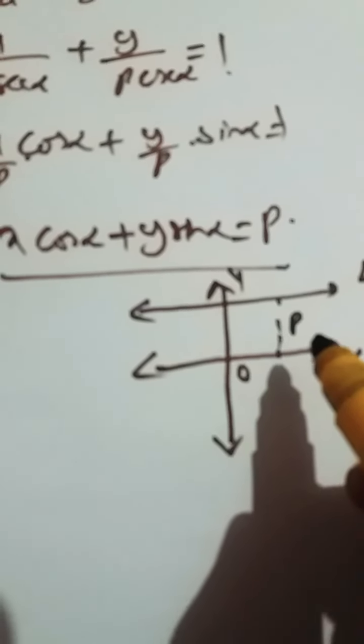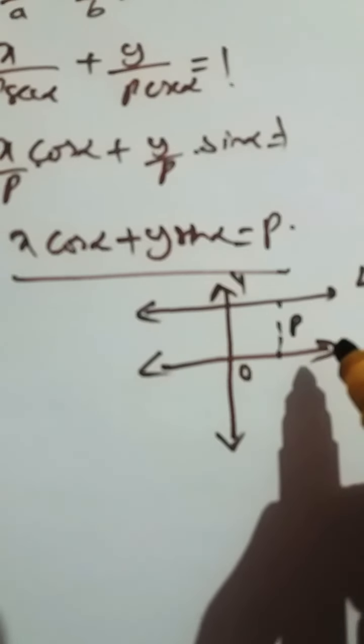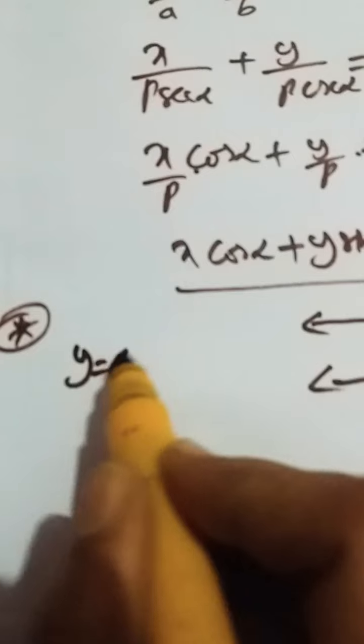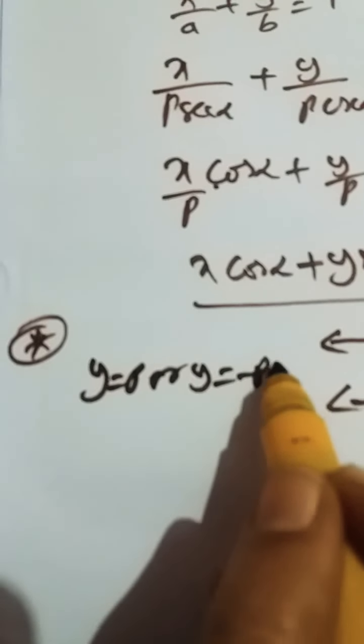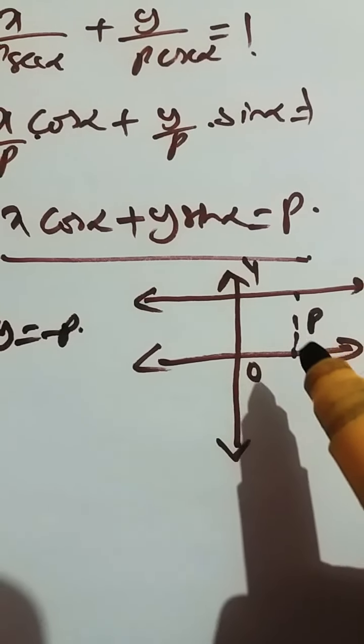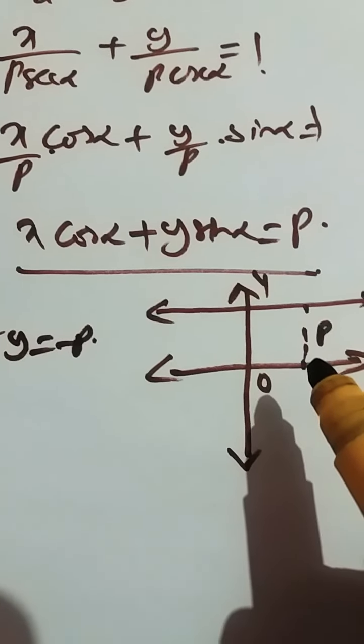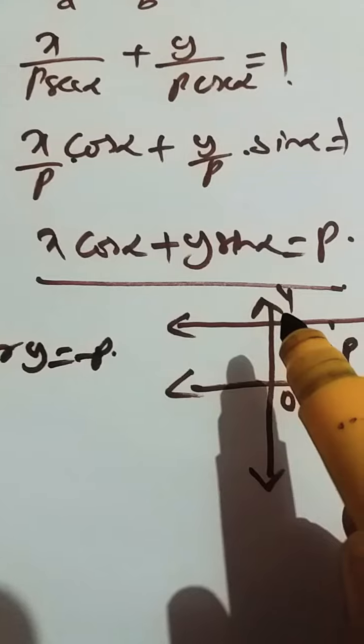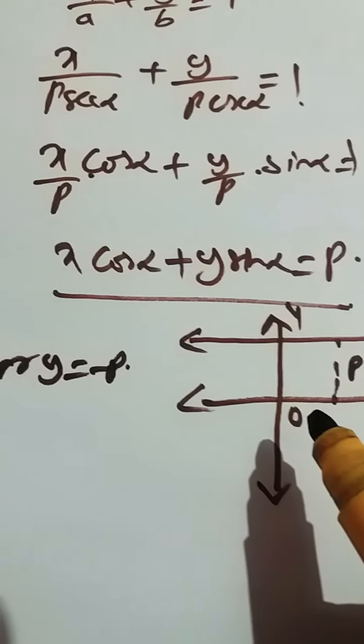Then the line is y is equal to P or y is equal to minus P because it is parallel to the x-axis. The line may be represented as y is equal to P or y is equal to minus P, in the positive direction or negative direction.